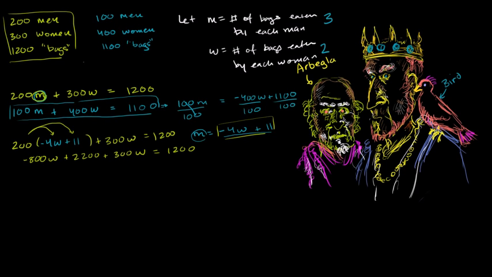Now we just need to solve for w. We first might want to group this negative 800w with this 300w. Negative 800 of something plus 300 of something is going to be negative 500w. And then we still have this plus 2200 is equal to 1200. Now to solve for w, we'd want to subtract 2200 from both sides.